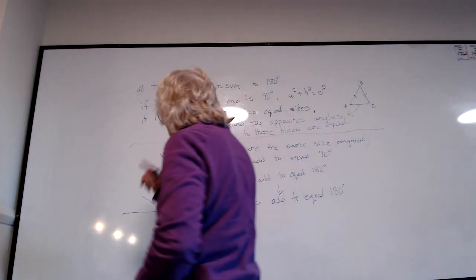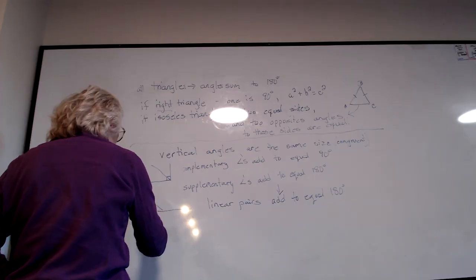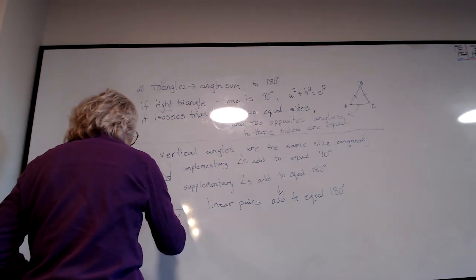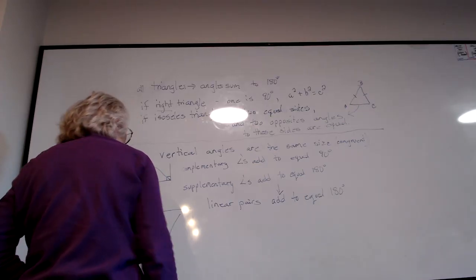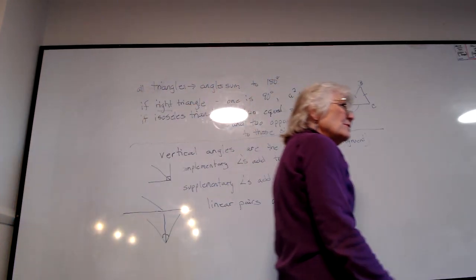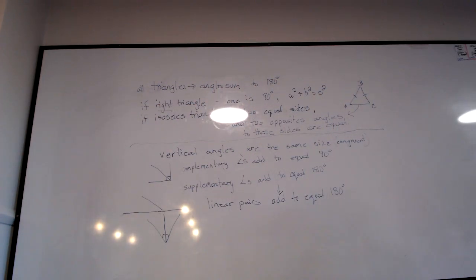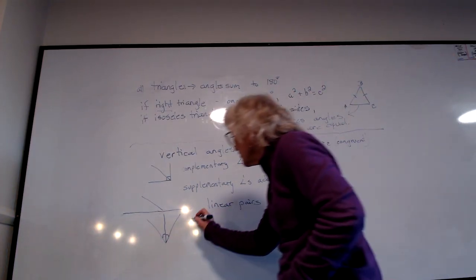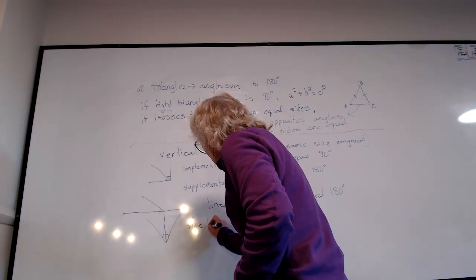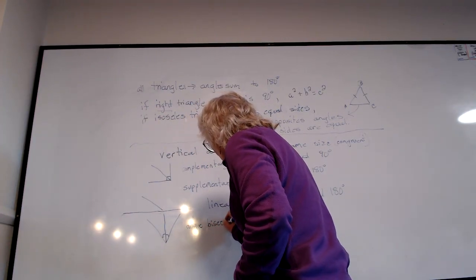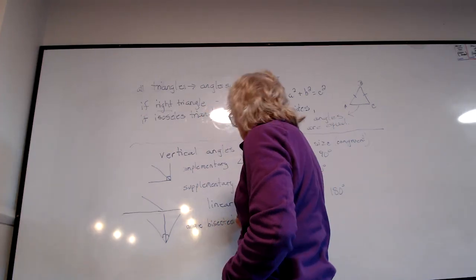Oh, there's one other thing about angles. Okay. What am I showing there? Yes. A bisected angle. So if an angle is bisected, then what do we know about the two angles?